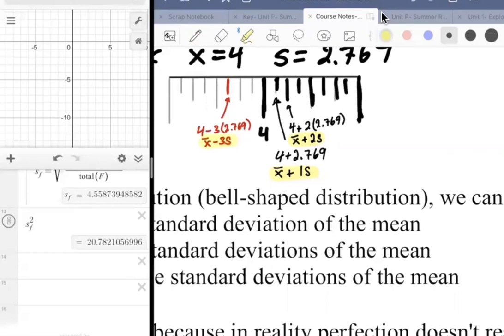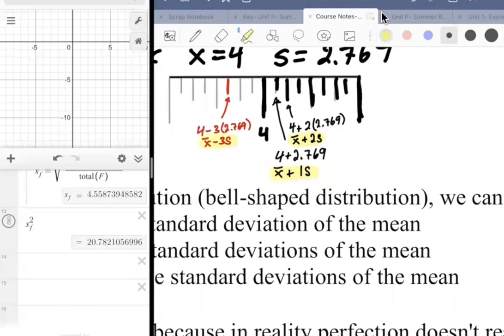All right, very strange, but very useful, because the scale allows you to make a determination of spacing. So if I tell you in this data set, I have a number like 10, how far is that away from the mean? You can count in increments of 2.769 away from 4 and come up with that value. You could also do it using technology, just to get an idea, and then you'd figure out what the placement is.